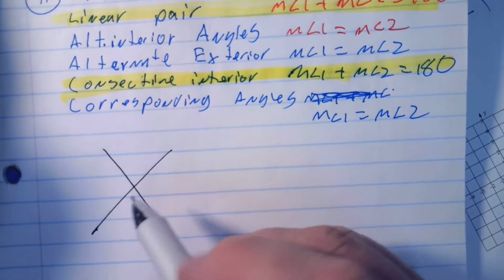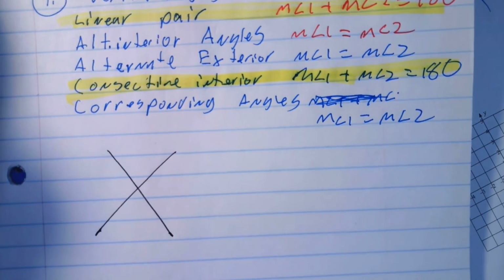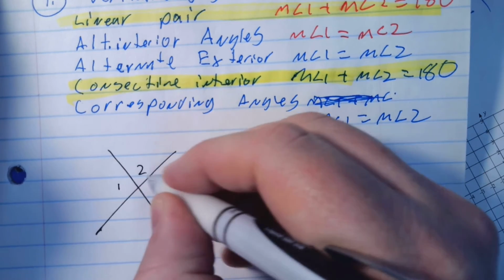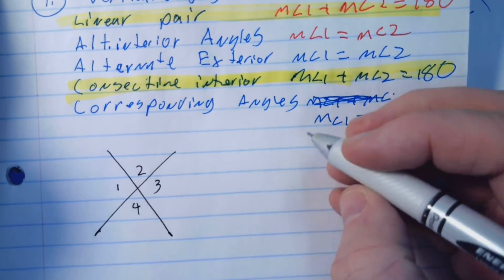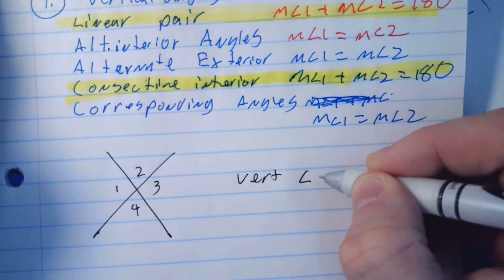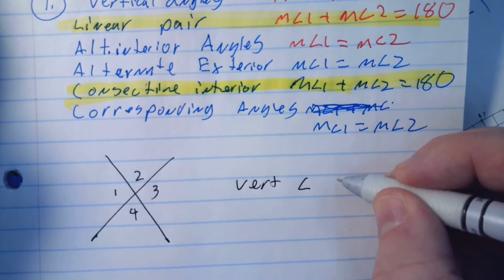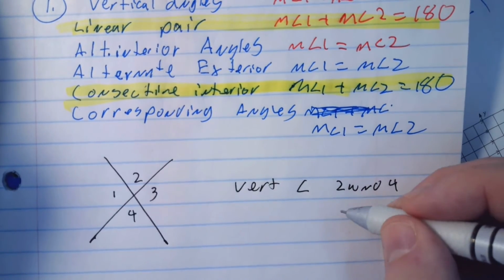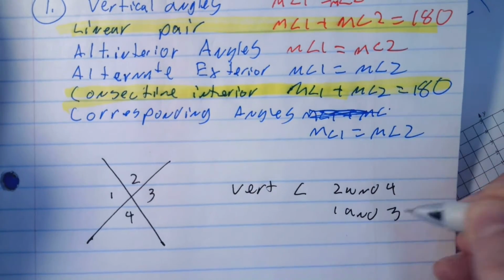We are focusing not on parallel lines, but on the X. So if I have angles 1, 2, 3, and 4, vertical angles are 2 and 4, and 1 and 3. Of course, they're equal.